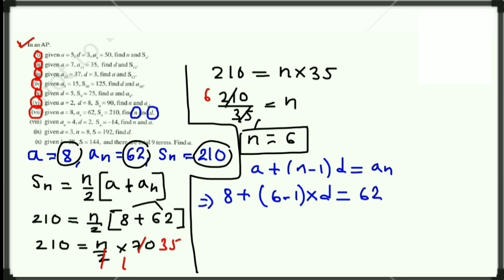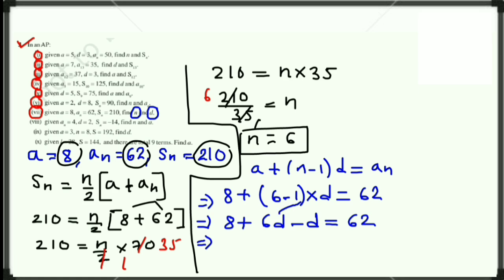Now 8 plus 6 into d, 6d minus 1 into d, 1d equal to 62.